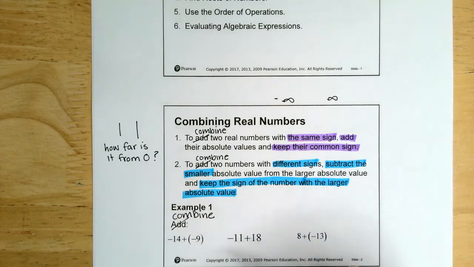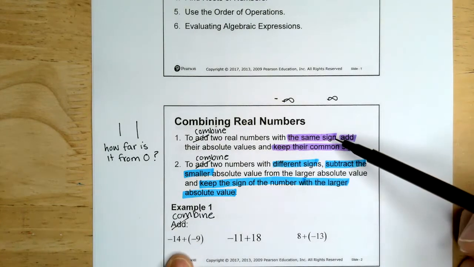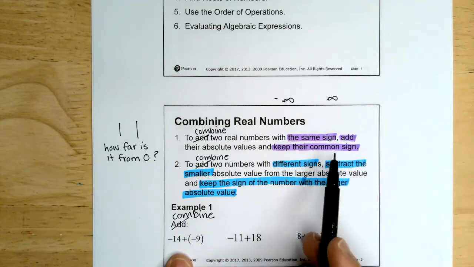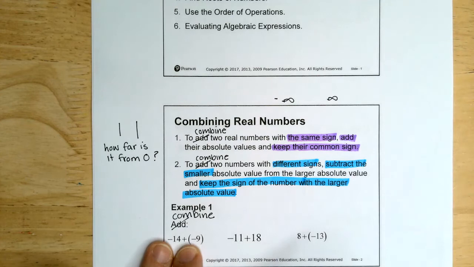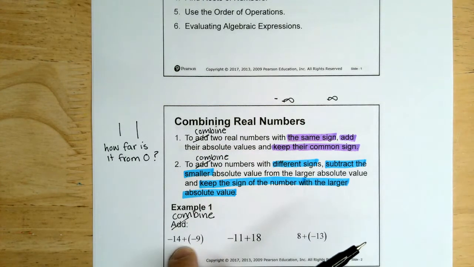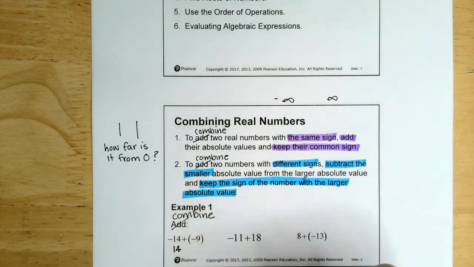So here we are combining -14 and -9. Those are 2 numbers with the same sign. They both have a negative sign. So what we want to do is add them and keep their common sign. When you're adding them, you're ignoring the negative signs because we're adding the absolute values. How far is -14 from 0? It's 14. How far is -9 from 0?